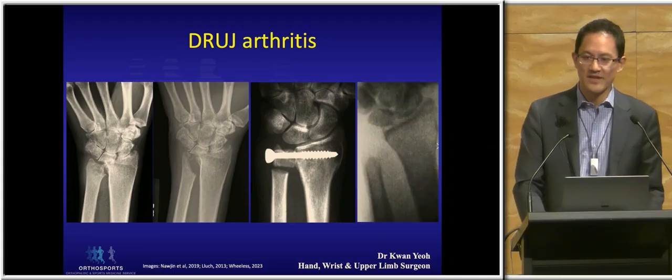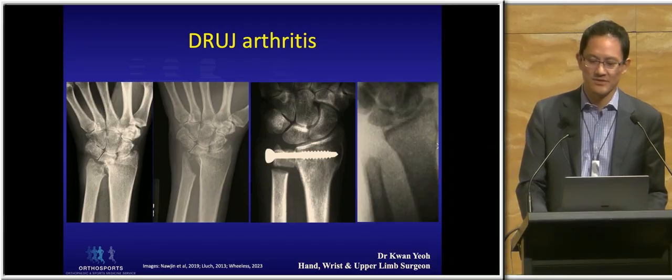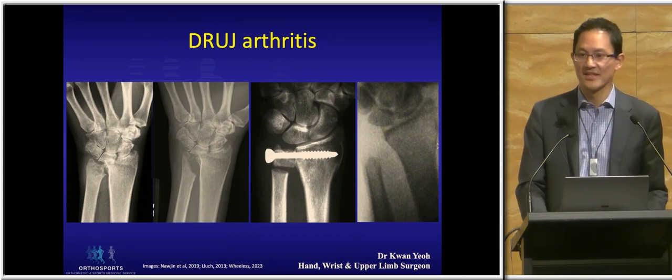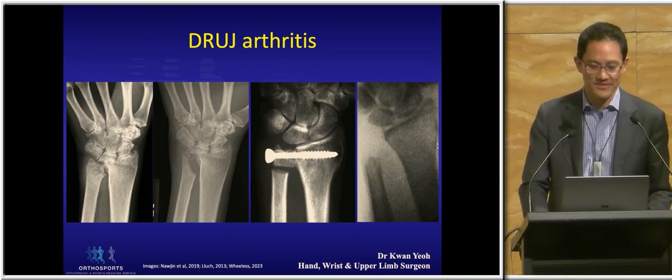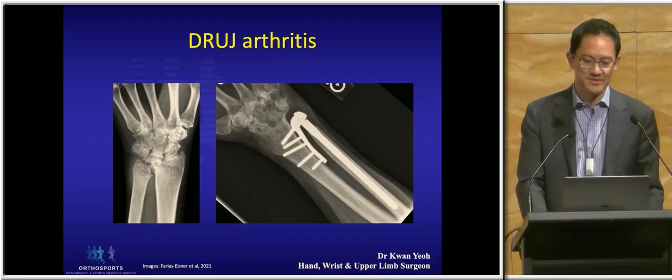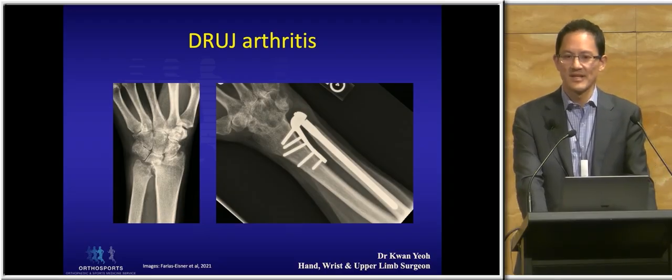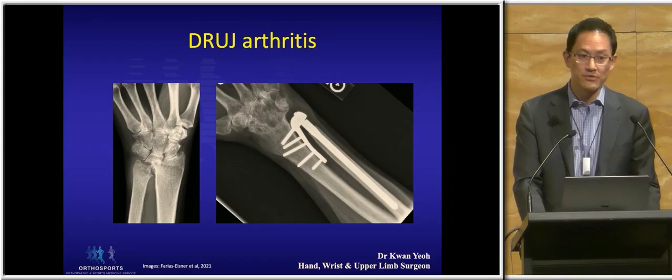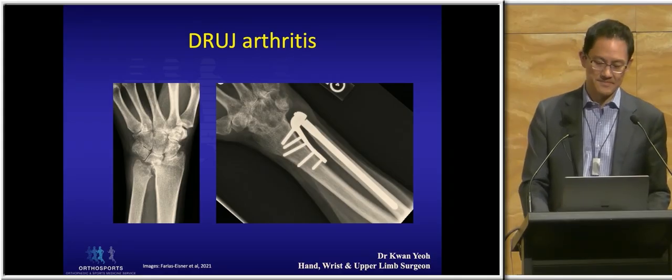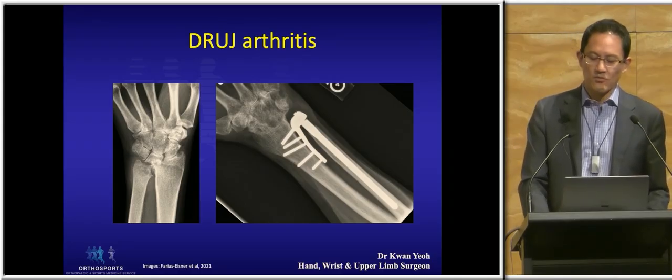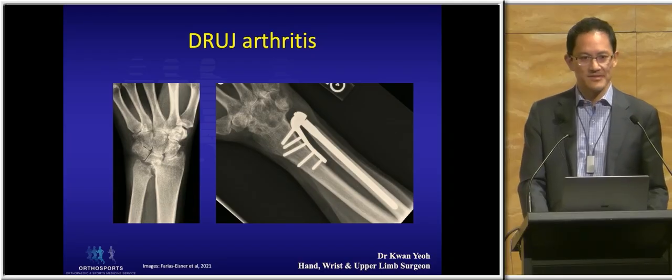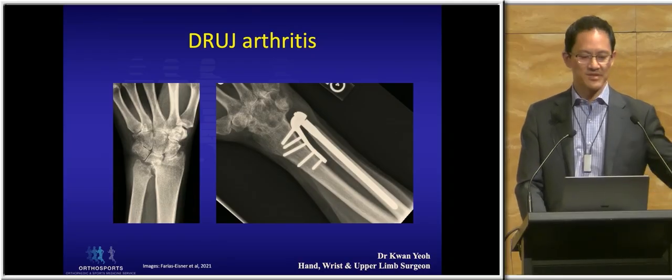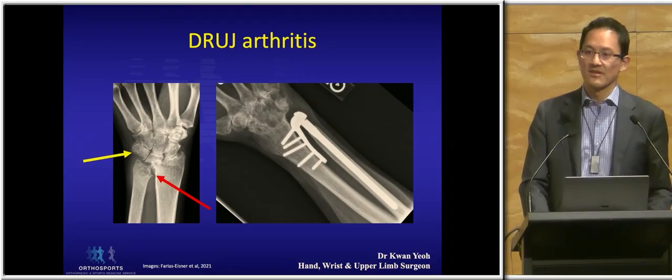Or you might remove the entire ulnar head so it's not rubbing, but then you can end up with instability of that ulnar shaft. You can do joint replacements, but they don't endure for quite as long as the larger joints. In the end, what we're trying to do with this sort of arthritis is jolly the patient along as long as possible so that we can avoid surgery.